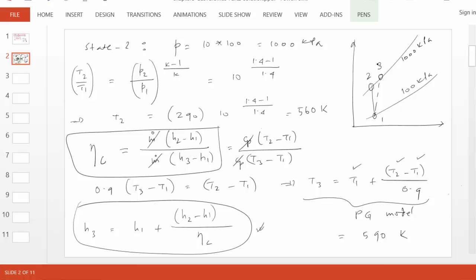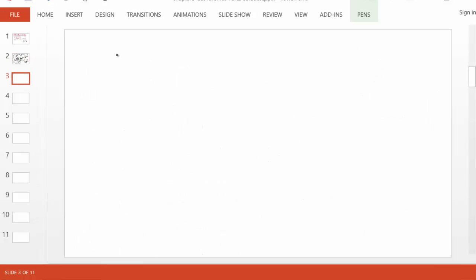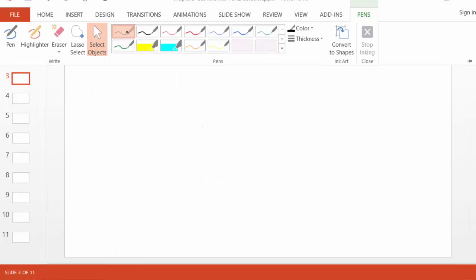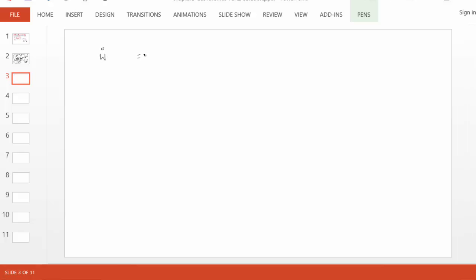Well, now that we know T3 and T1, we can quickly determine the compressor power. The compressor power will be simply m dot Cp (T3 minus T1): 6 kg per second, 1.005, and T3 minus T1.